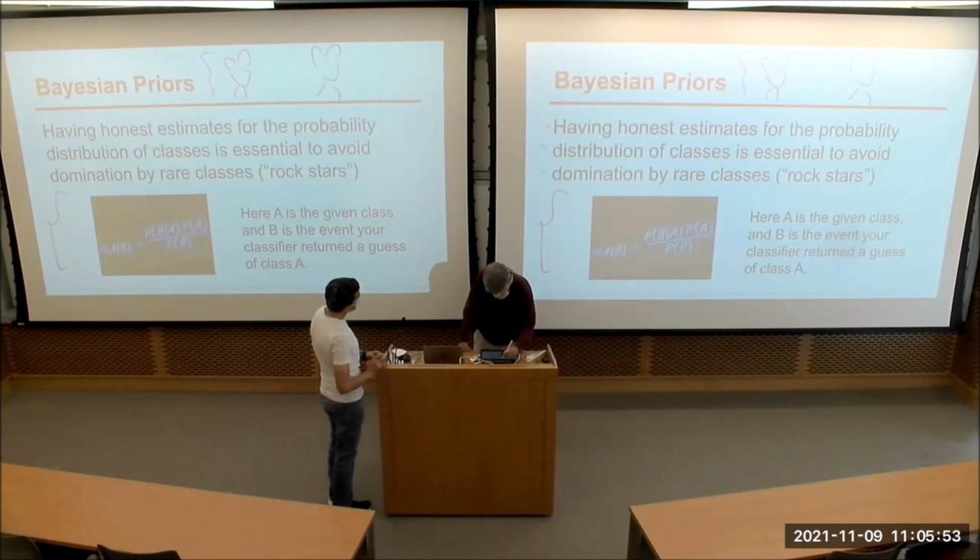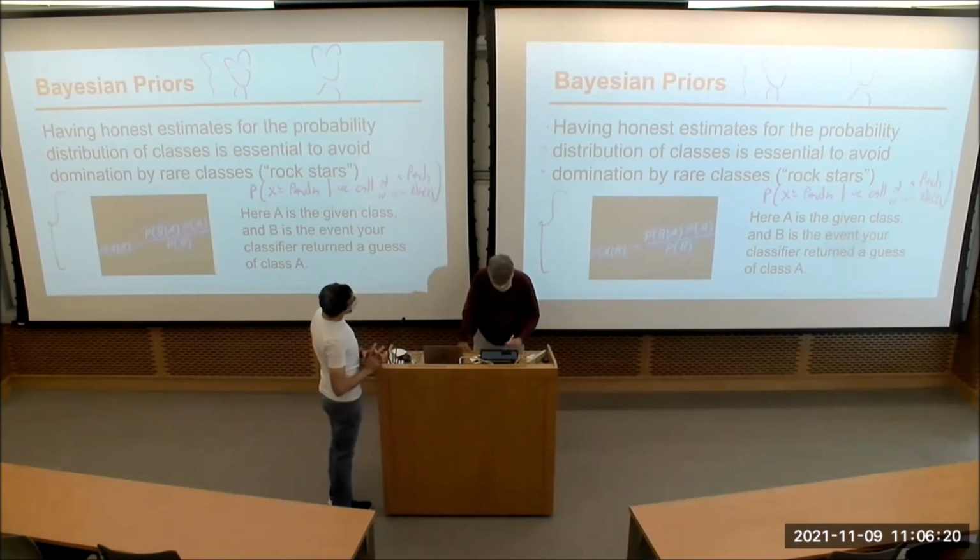The example of this would be something like, what's the probability that X is a panda given some features we call a panda in our classifier? That's what's going on here.